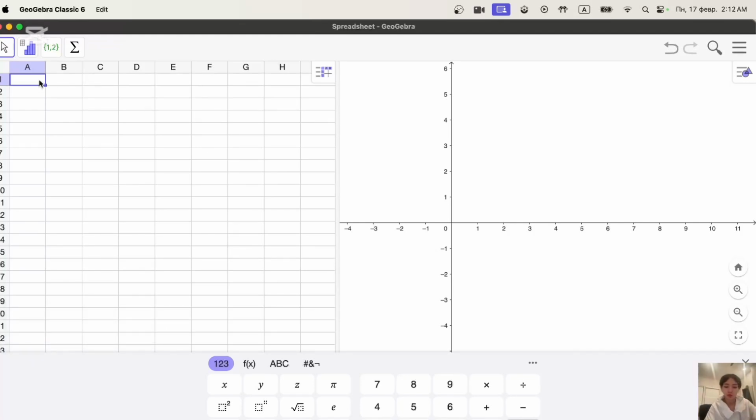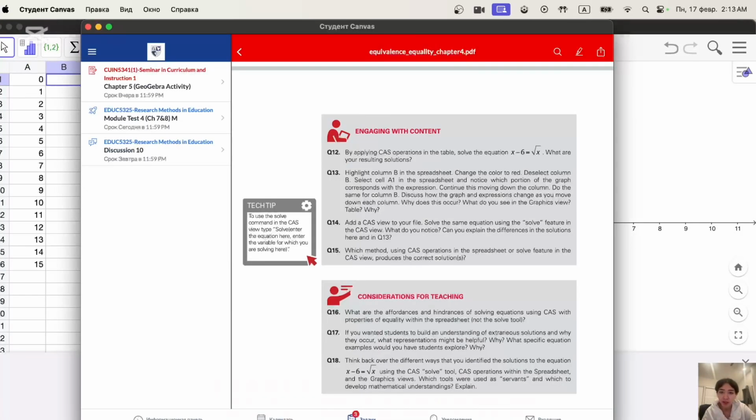Let's include x values. For example, 2, 3, 4. And this will be enough. Let's dig into our task.